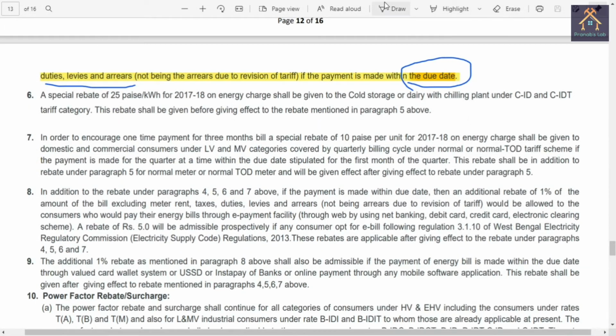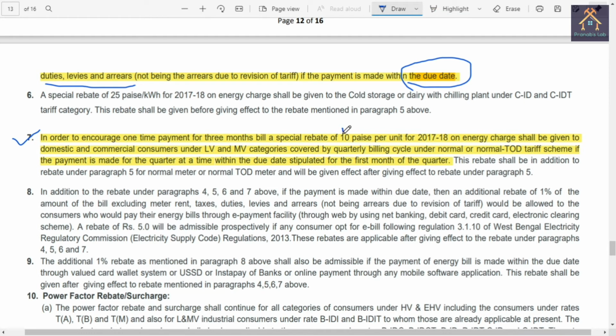Now here you can see in the tariff order, please focus on point number 7. It states that in order to encourage one-time payment for the 3-month bill, a special rebate of 10 paisa per unit for 2017 and 18 on energy charge shall be given to domestic and commercial consumers under LV and MV category covered by quarterly billing cycle under normal or normal TOD tariff scheme if the payment is made for the quarter at a time within the due dates stipulated for the first month of the quarter.